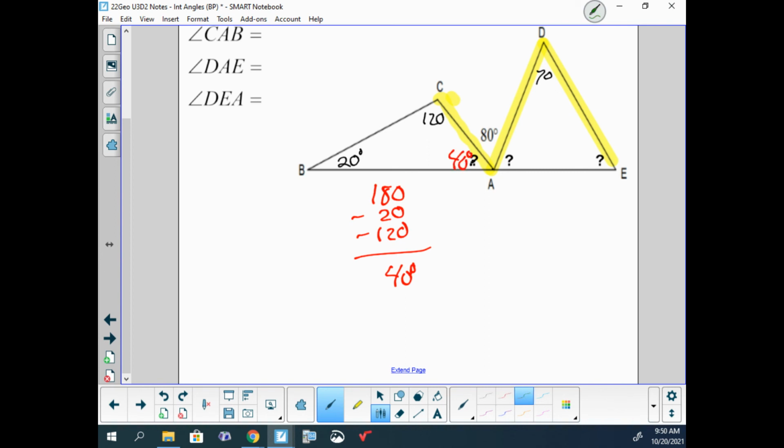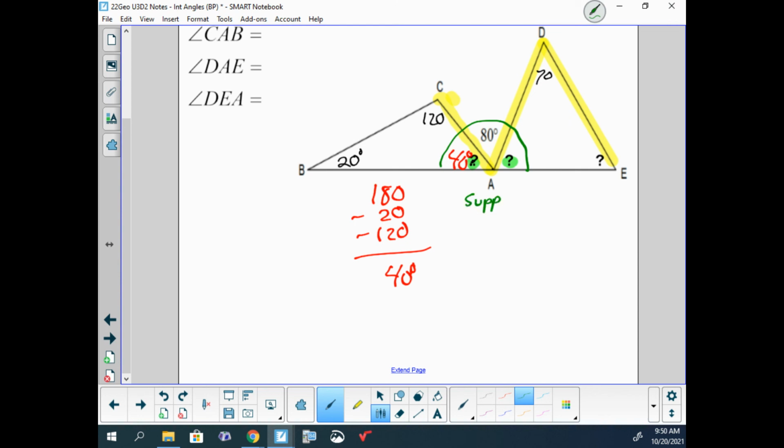That's good and all, but that doesn't get me that question mark over there. Those are not vertical. Okay? These highlighted question marks are not vertical angles. However, these angles together, the 40, the 80, and the question mark, are all supplementary.